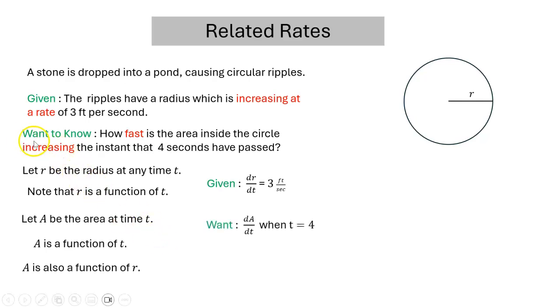And indeed, what we want here is the rate of change of area with respect to time, at a given instant when t was 4 seconds. All right, so we've taken what we've been given and what we want to know, and we've labeled things like r and A. And we've even translated our given and want statements from English into calculus.